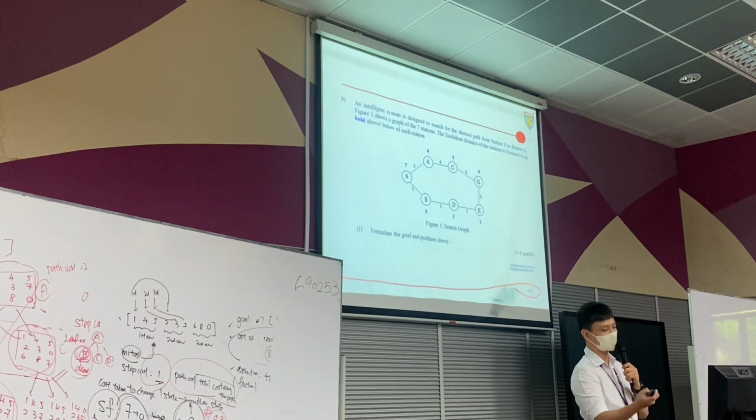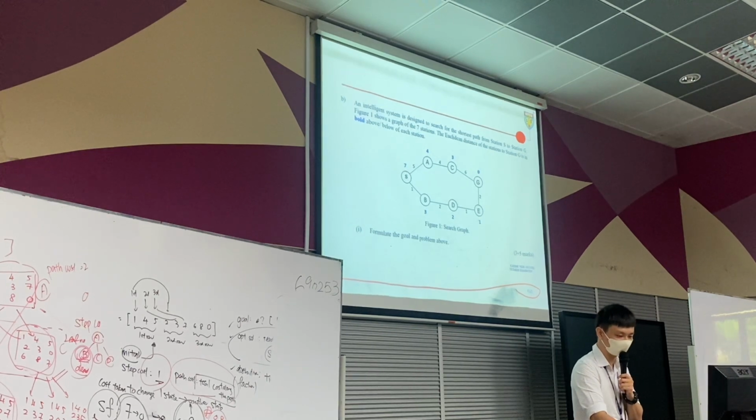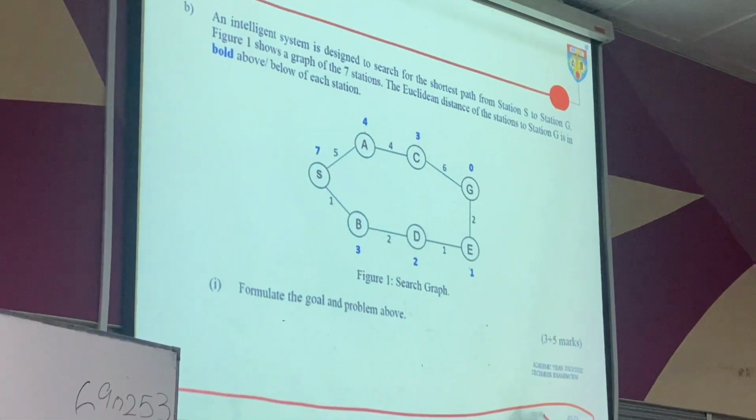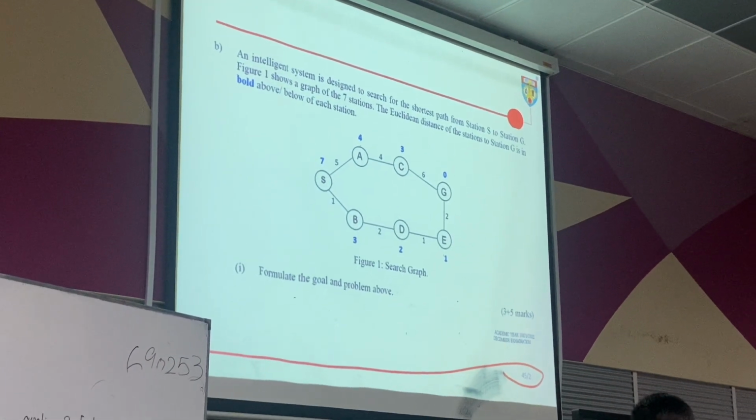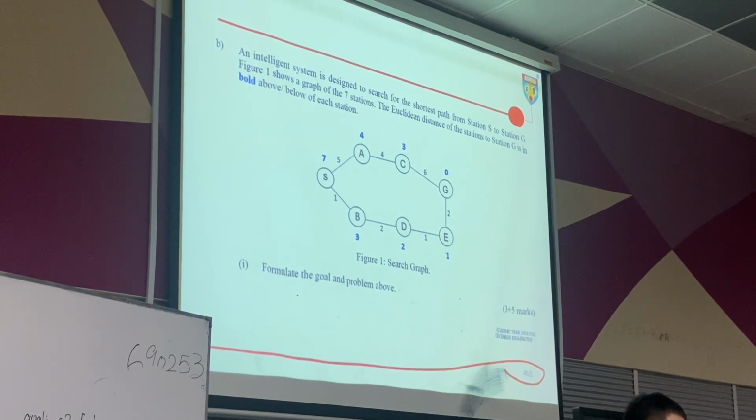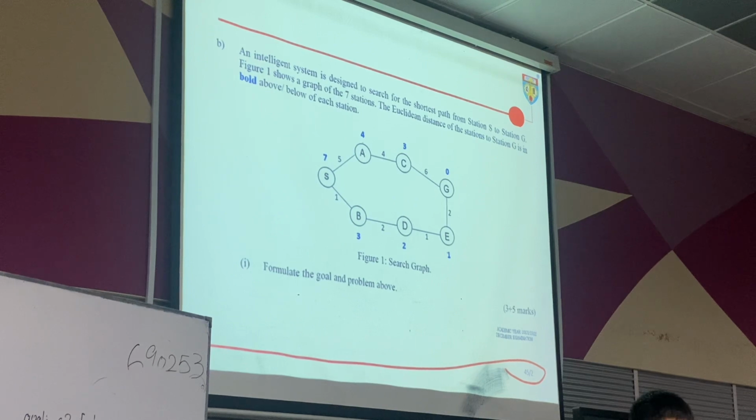How about this? Another similar question. In the December examination, it's a short semester. So again, S to G. Same question. So initial state S, goal state G. What is your optimal solution to reach the destination in the least distance?